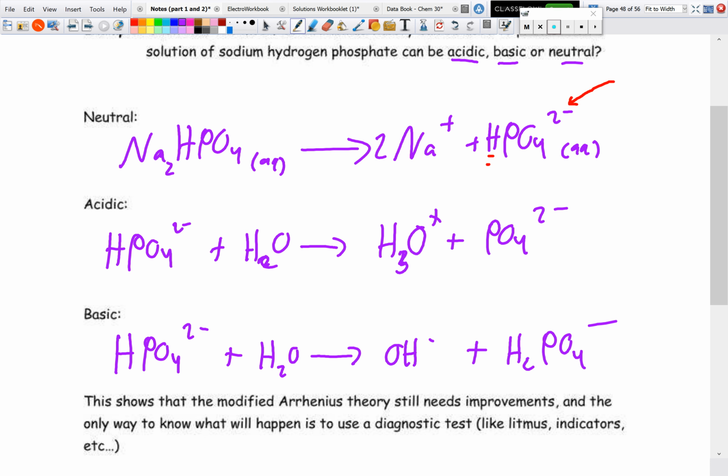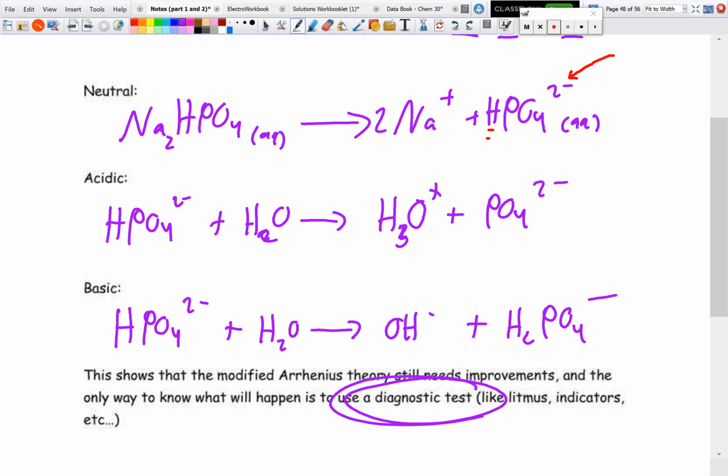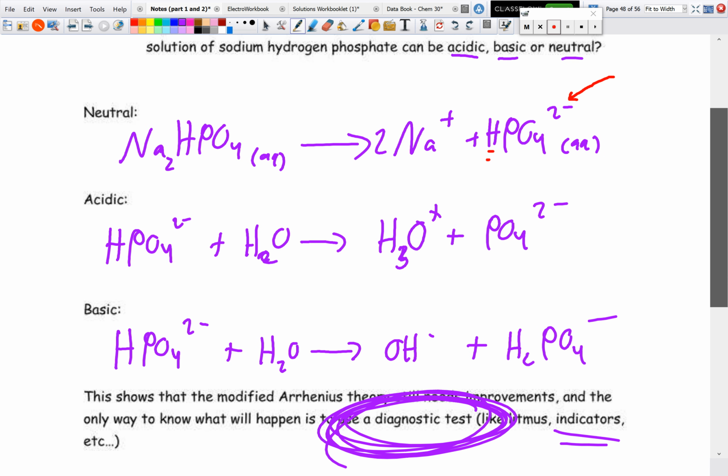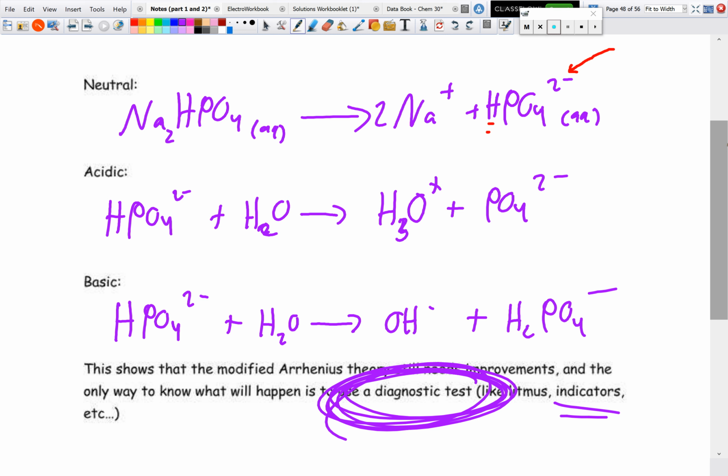Now the thing is, we don't know. Like I said, just by giving sodium hydrogen phosphate, there are 3 possibilities that could happen, and there's no way to predict it. So the only way to tell for sure is you need to do a diagnostic test like litmus or use indicators. So that's why, for example, when you look back on the ones you just did, it'll either have acid in its name, or the question will tell you to prove that it's acting acidic or prove that it's acting basic. You're not going to be able to predict if it's going to be acidic, basic, or neutral.